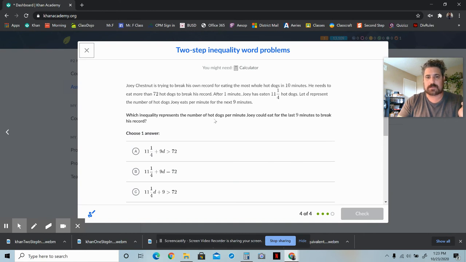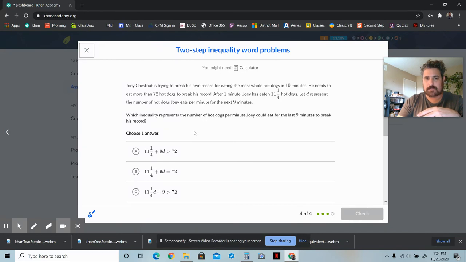Okay, so the 11 1/4 hot dogs is what he's already eaten. So that's a constant. It's not going to change. He's already eaten that. We know the total amount of time he has is 10 minutes, so he's got 9 minutes left. He needs to eat more than 72 hot dogs to break his record, so he has to get more than 72 in all.